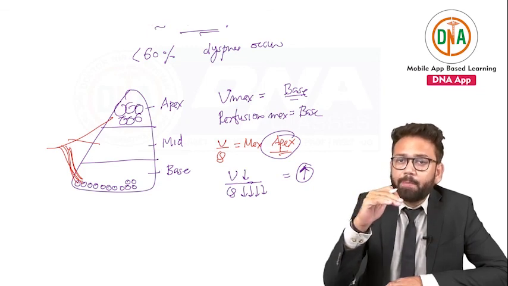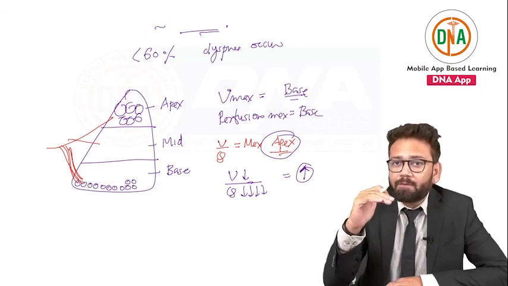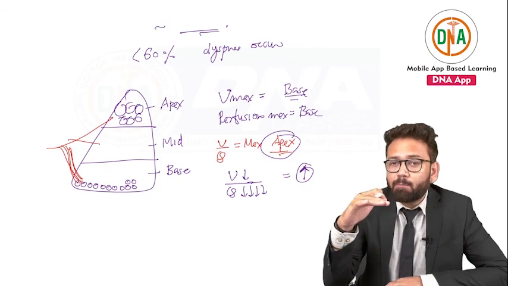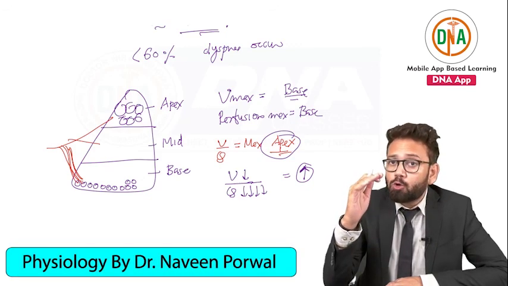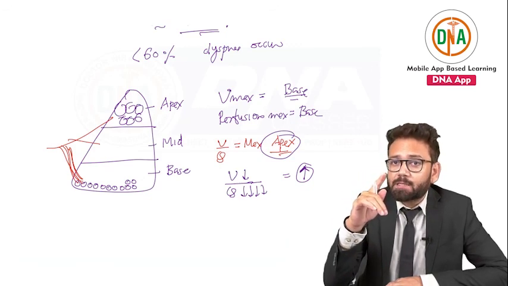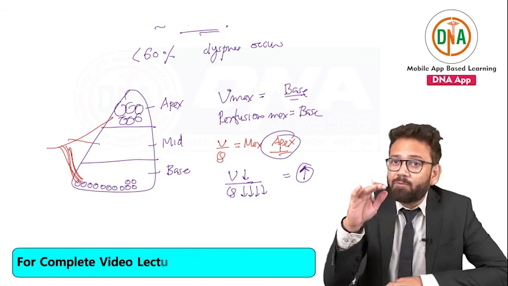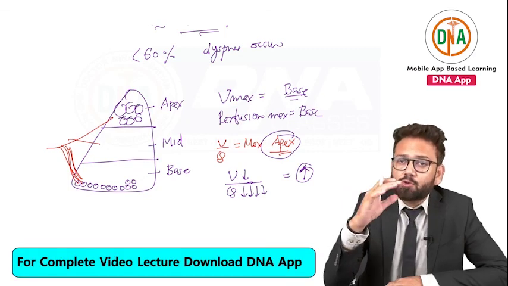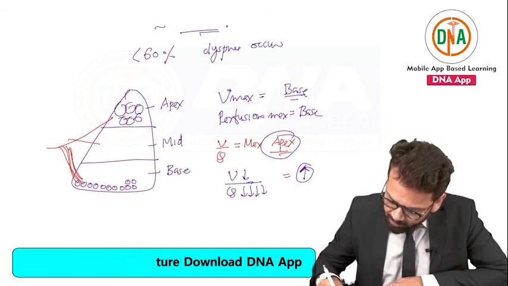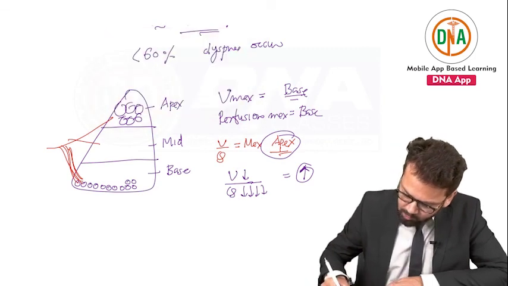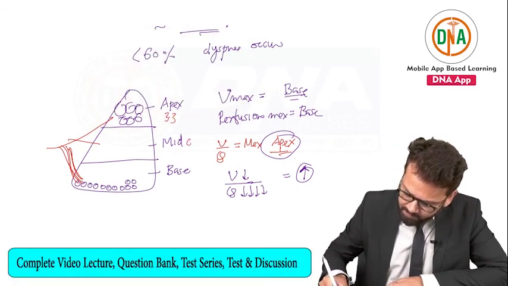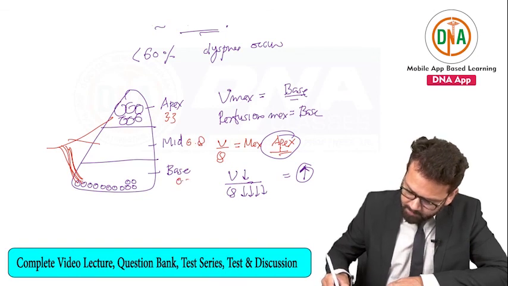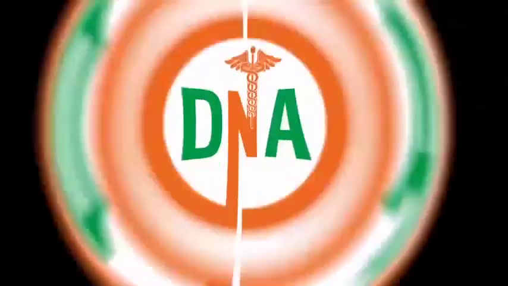Perfusion is maximum at base. But the ventilation perfusion ratio is maximum at apex. Although ventilation is less at the apex, perfusion is very less. So the denominator is less, so the ratio will be more. And what is the value? You should remember the values also: 3.3, 0.8 and 0.6.